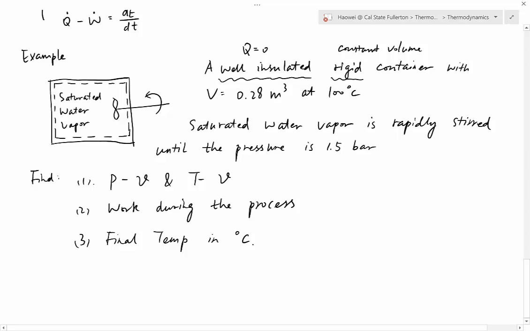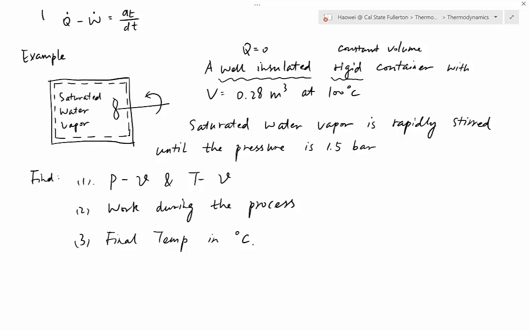The volume is given as 0.28 cubic meter. We also know the temperature of the gas is 100 Celsius. And we know initially what's inside the container is saturated water vapor. So that's point G. And then what's going to happen is we have a paddle wheel inside, and this paddle wheel is rapidly stirring this water vapor.